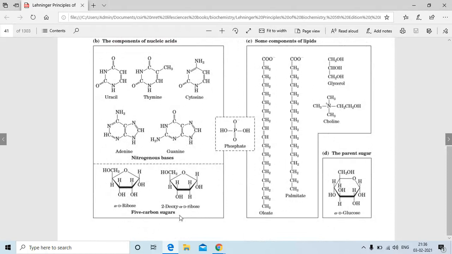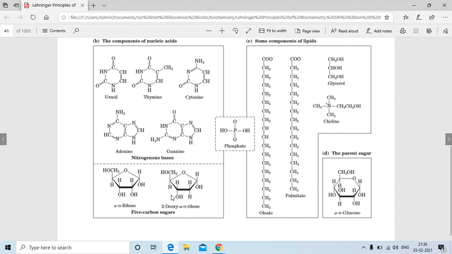Now these are five carbon sugars. One is alpha D ribose and one is 2 deoxy alpha D ribose. What is the basic difference between these two structures? In 2 deoxy alpha D ribose, on the downside one O is lacking, and in alpha D ribose OH is there, here H is there.